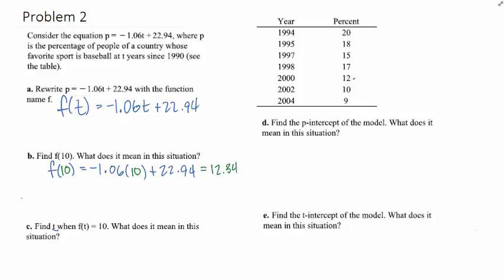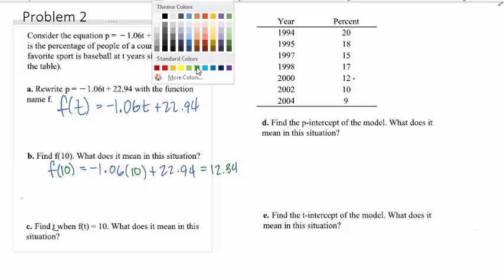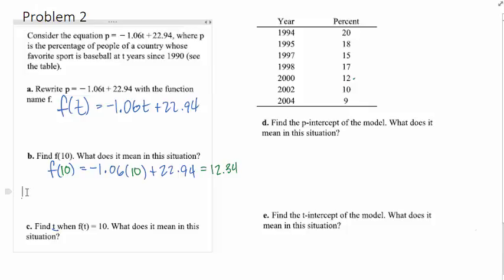So what does this mean? Well, remember that the time is time since 1990, and so that would be our t value, and the 12.34 is our percentage.